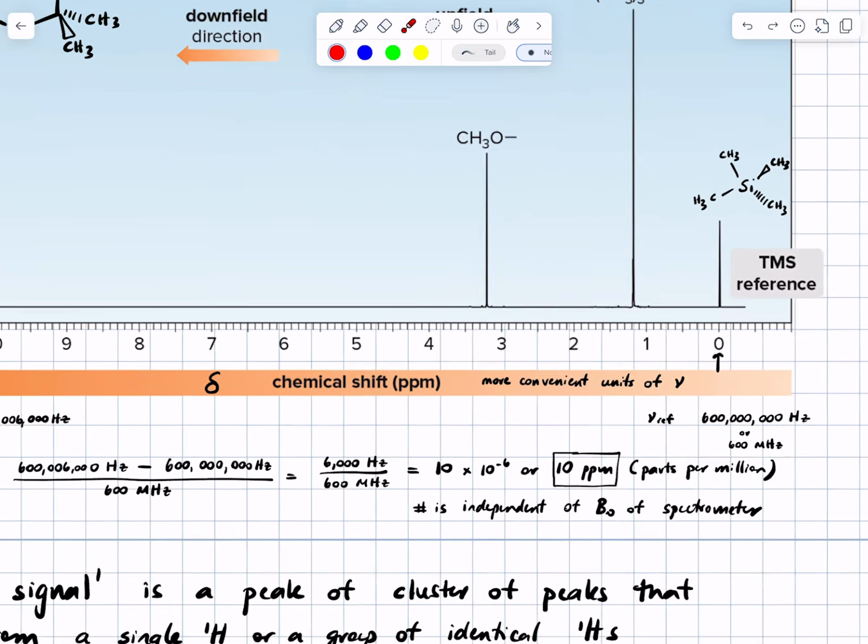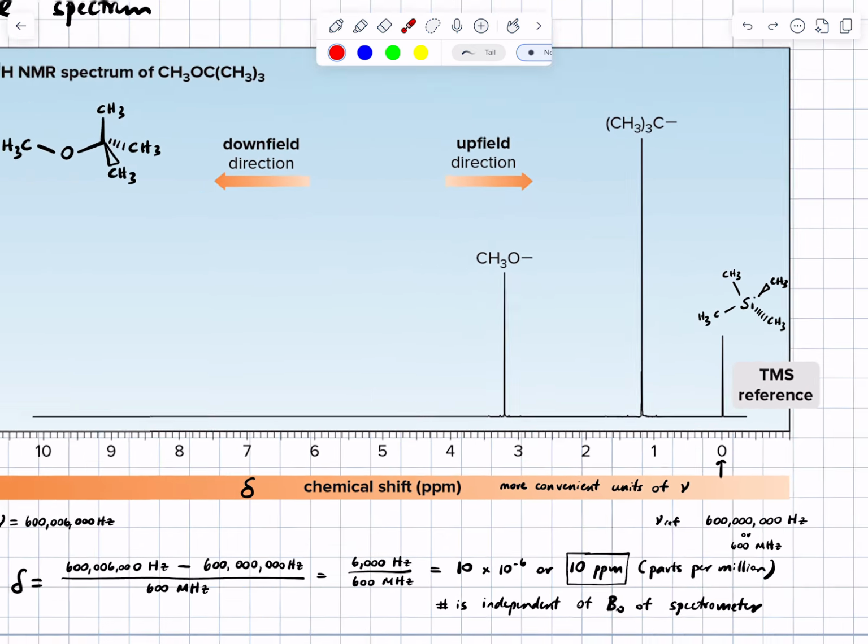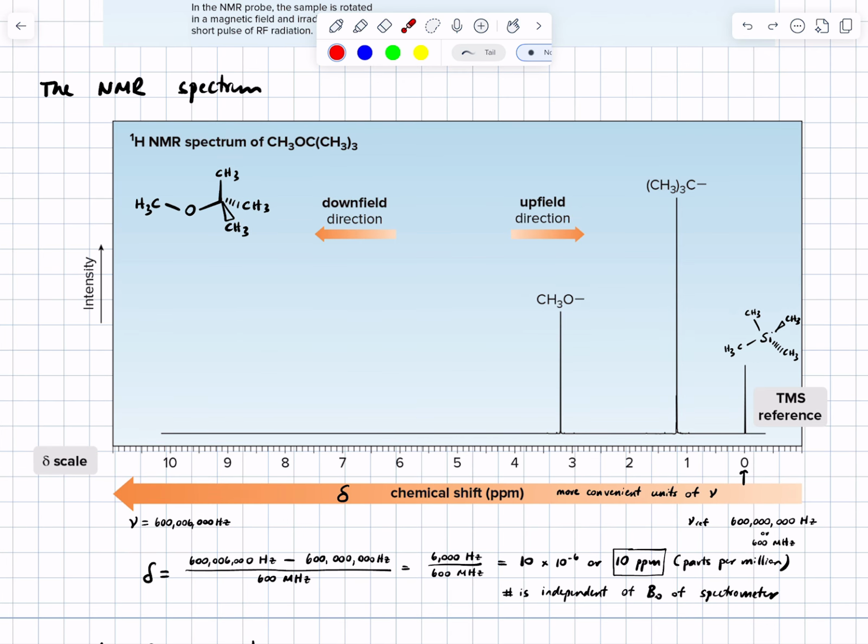All right, so usually you need a reference compound, and that will show up at 0 ppm. The reference compound is trimethylsilane, and it just has one kind of proton in it, a methyl group. Now you see for tert-butyl methyl ether, at about 1.2 ppm, you see the protons that are from the tert-butyl group.